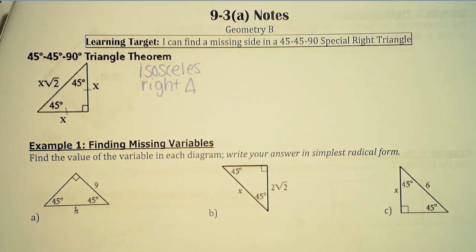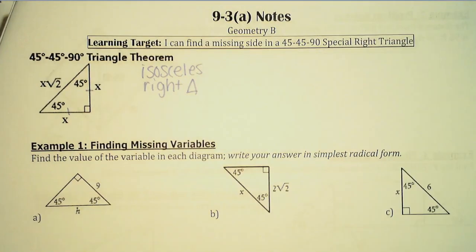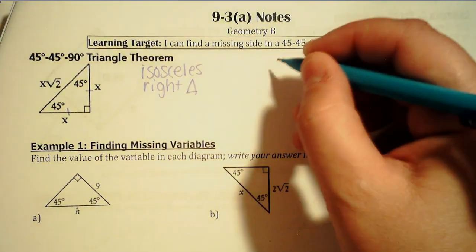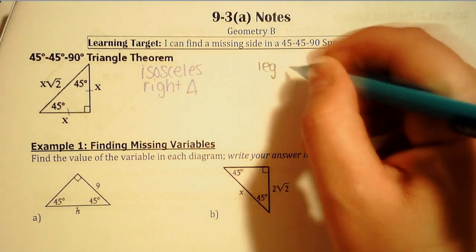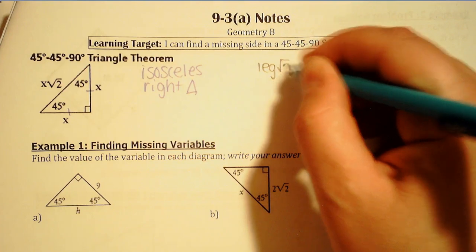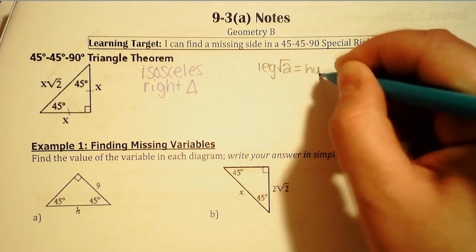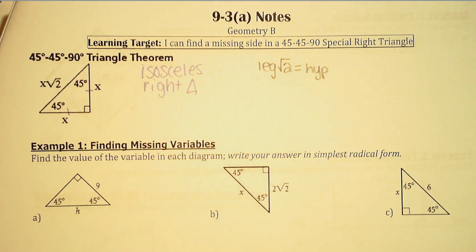And so really two things go on in this problem, depending if you know one of the legs or if you know the hypotenuse. So, if you know the leg, then what you do is you multiply that by the square root of 2, and that will give you the hypotenuse.